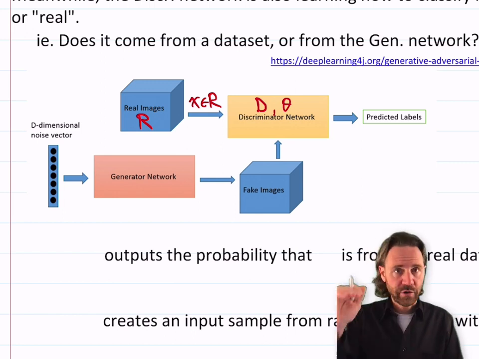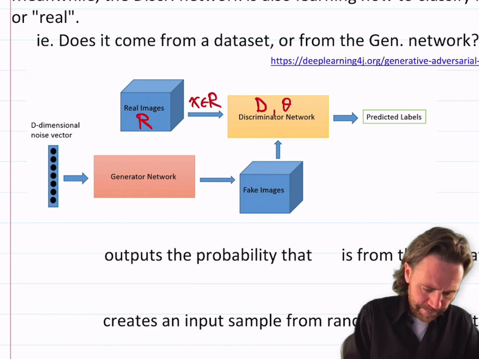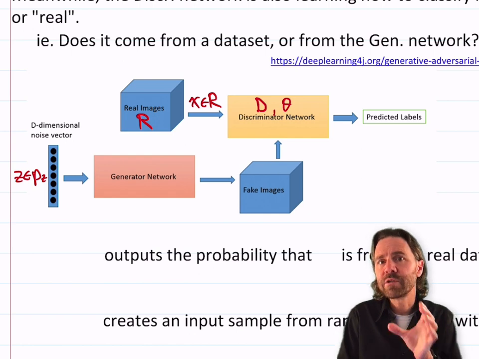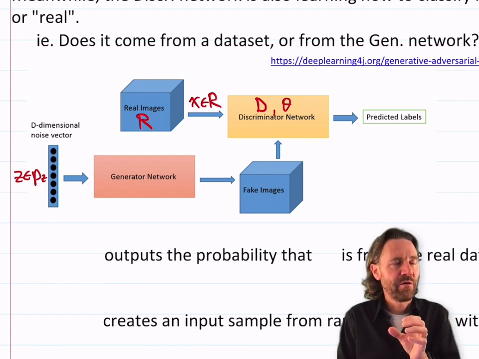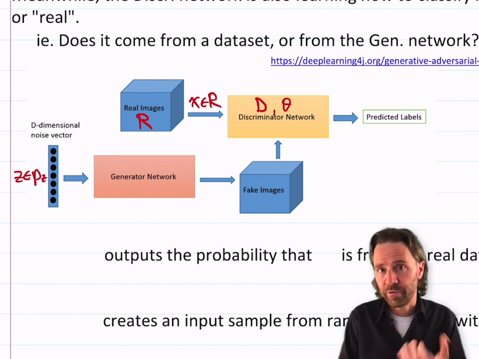Now what we're adding here is this other branch that produces alternative inputs. So we can have this Z here taken from some distribution, some random, this is basically like a random seed. It's almost like the random latent vectors produced in a variational autoencoder.